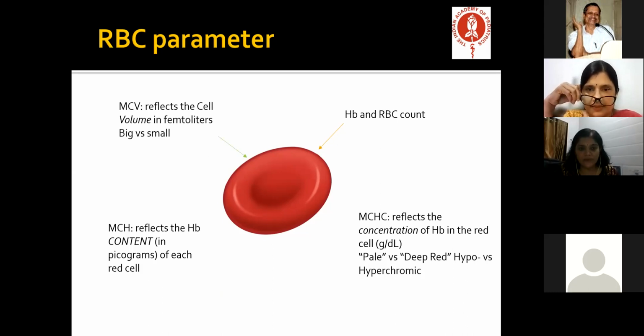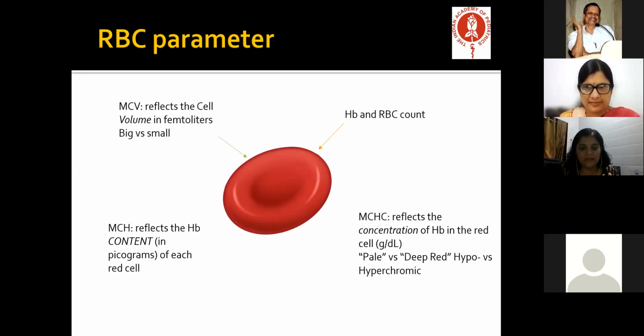The MCV reflects the cell volume, whether it is a big cell or a small cell. When we think about anemia, we always talk about microcytic or macrocytic anemia, and that is where the MCV helps us. In most cases of iron deficiency anemia, we know that we'll be dealing with a microcytic picture.